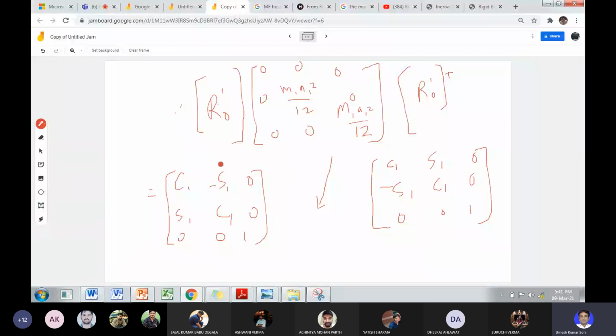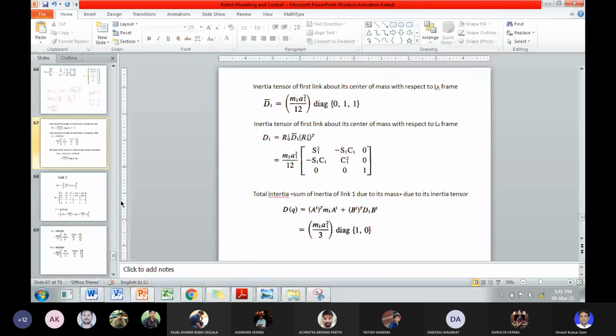Either you can also follow the next process: first multiply this, get the matrix, and then multiply by this. Finally you will get the equation like M1 A1 square upon 12, S1 square, minus S1 C1, 0, and this term. Okay, now you calculate how this is coming.